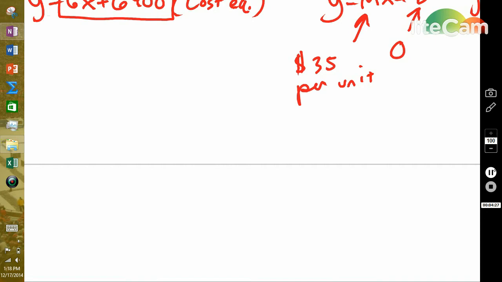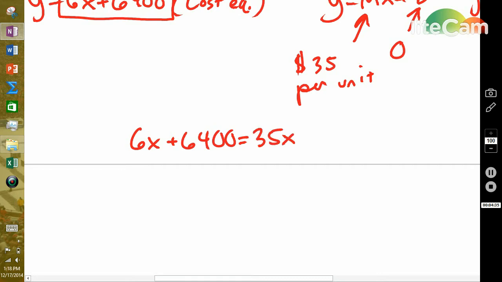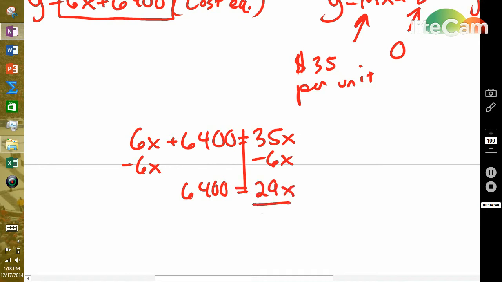So when you set them equal to each other, you're going to have 6x plus 6,400 is equal to 35x. In order to solve this, subtract 6x from both sides. You get 6,400 equals 29x. And then divide both sides by 29.